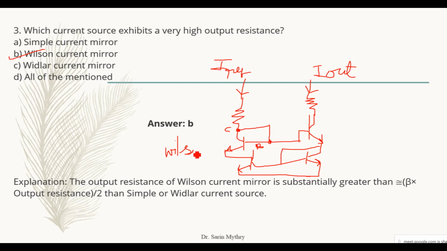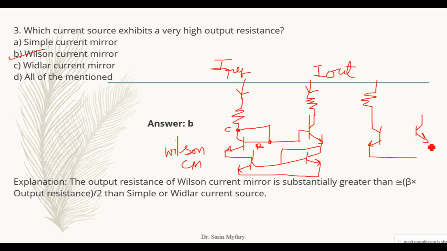Now what is a Widlar current mirror? I'm just mentioning current mirror as CM. It is similar to this one. The only difference is that you will not have the cascading of the transistors as in the previous case. You'll have only one set of transistors connected like this.